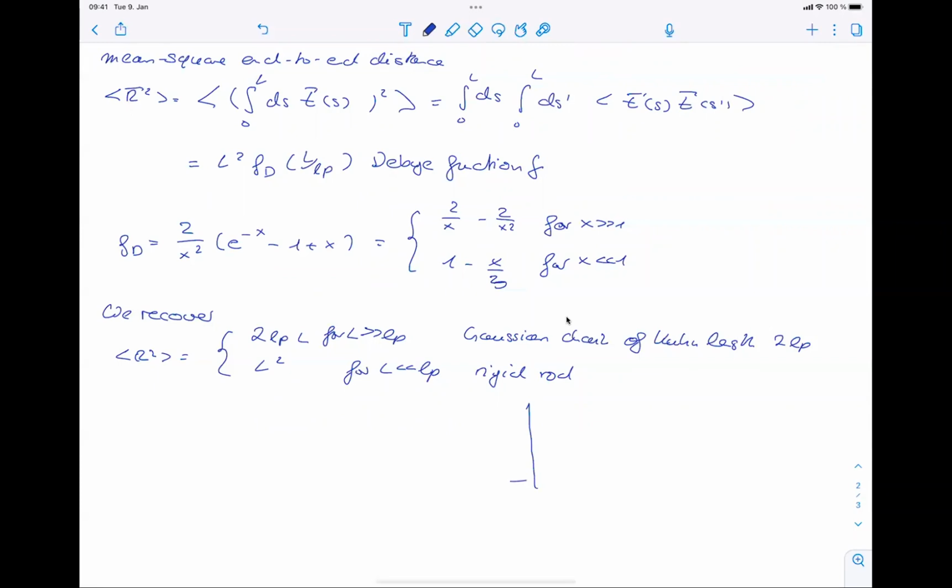So it's like this idea of coarse graining the system. So R squared over L squared then decays from 1 first linearly and then in this inverse fashion.